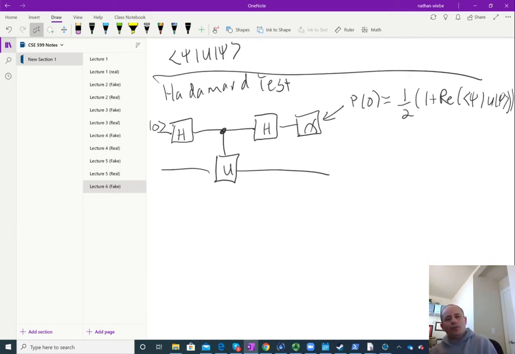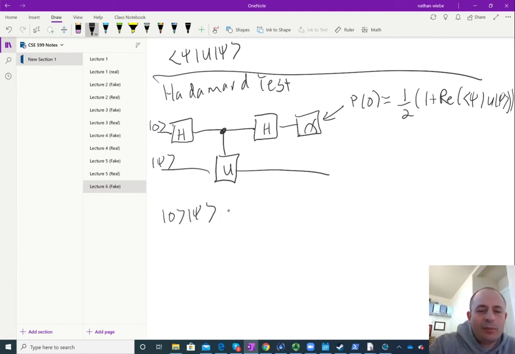So by performing this circuit and measuring this result over and over and over again, you develop enough sample statistics in order to be able to approximate this expectation value, or at least the real part of this expectation value. So let's go through the analysis and see why that's the case. Oh, and this is psi down here. So we begin with our quantum state, 0 psi at input.